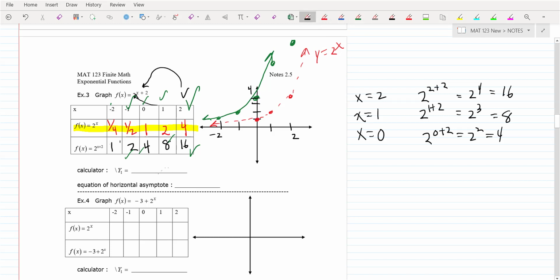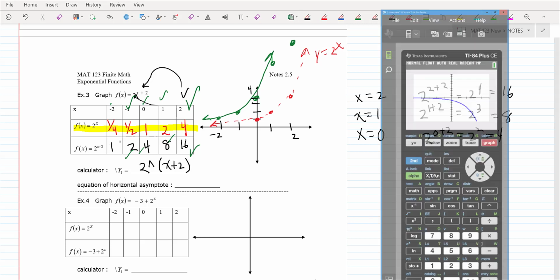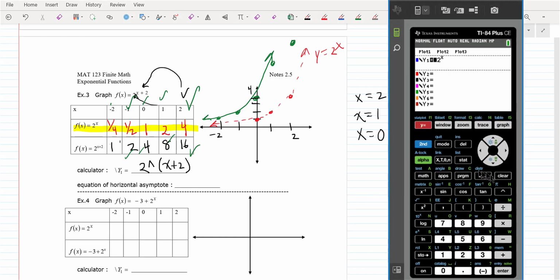And let's see, this one, of course, you just put in your calculator like this. You just do 2 to the x, and if you have an 83, does anybody have an 83? Then you need to use parentheses like that, because of the way my calculator works. I'll put in 2 raised to, and then the x plus 2.